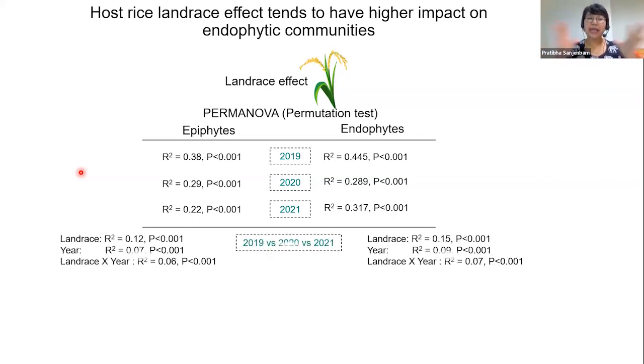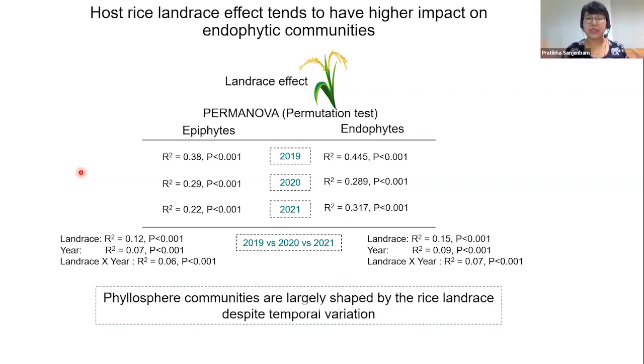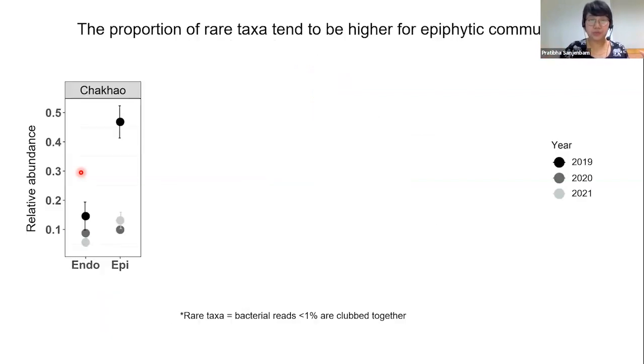And if we combine all this, we still see a strong effect of landrace over the year, which suggests that even with environmental fluctuation, landrace seems to be the strongest predictor in these phyllosphere communities.